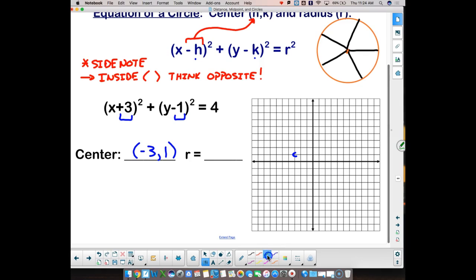This number out here is my radius squared. Okay? Because that's from the formula, r squared. So the radius of my circle is going to be 2. I take the square root of that value, and that becomes the radius of my circle.